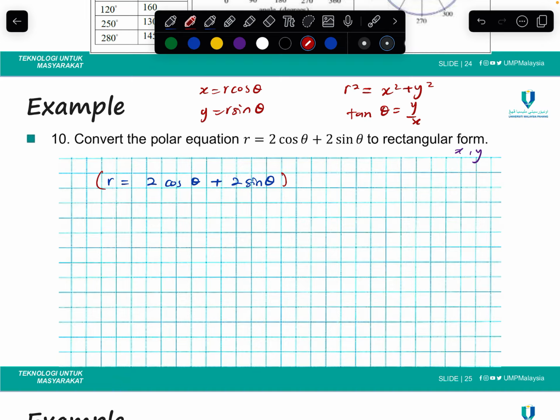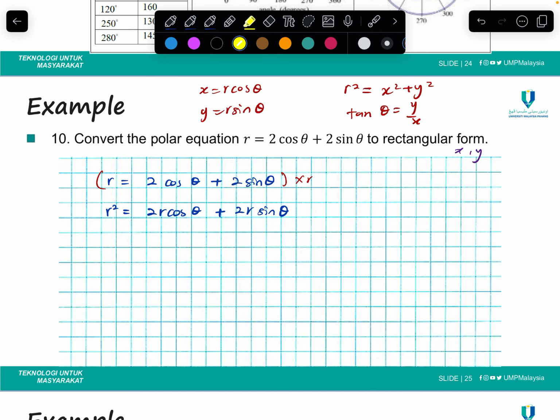So you have to multiply by r. Why? We want to add r to each term. So you get this form: r squared equals 2r cos theta plus 2r sin theta. Now you have r cos theta, so this can be replaced by x because x equals r cos theta.